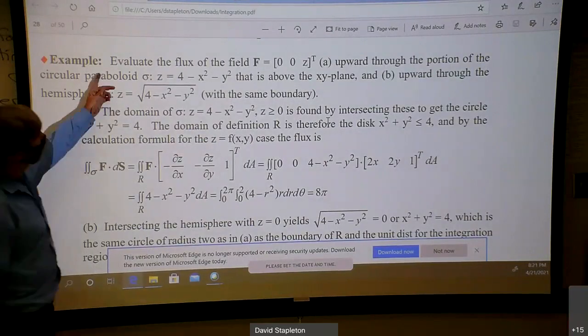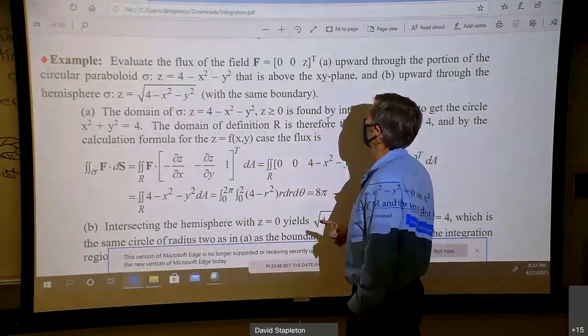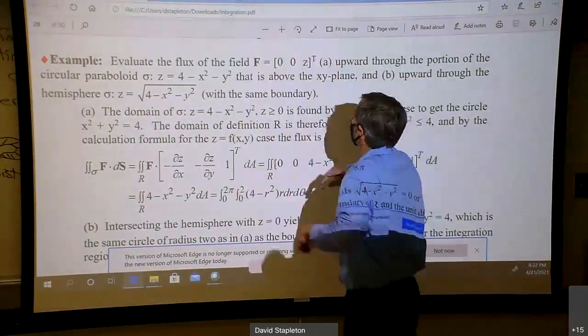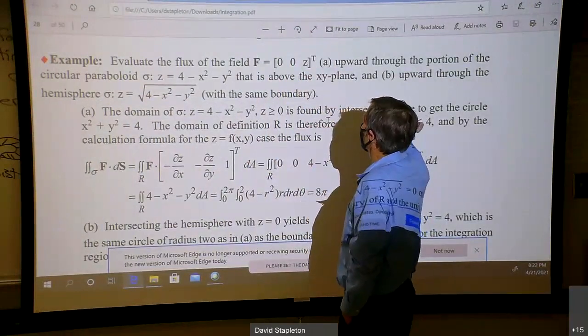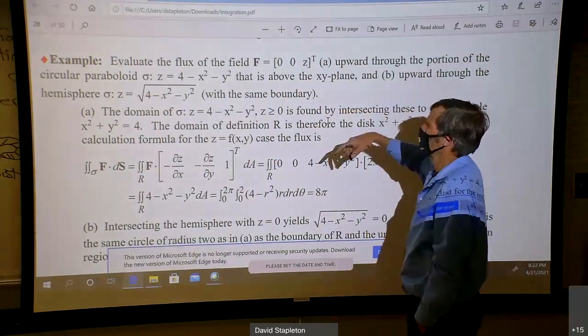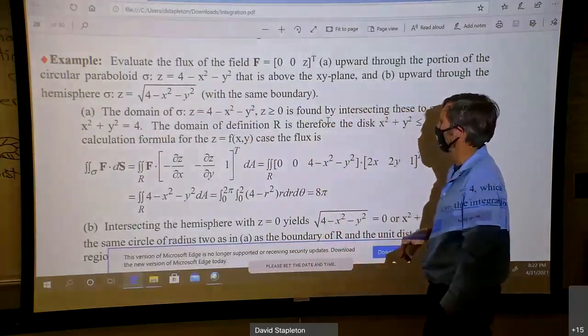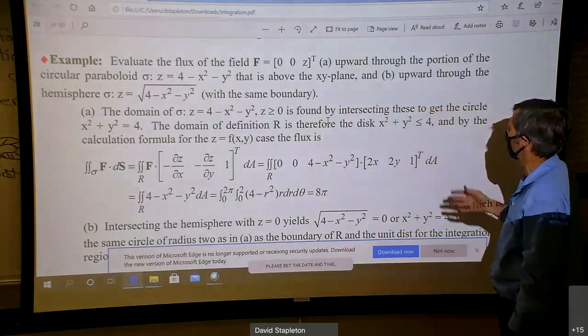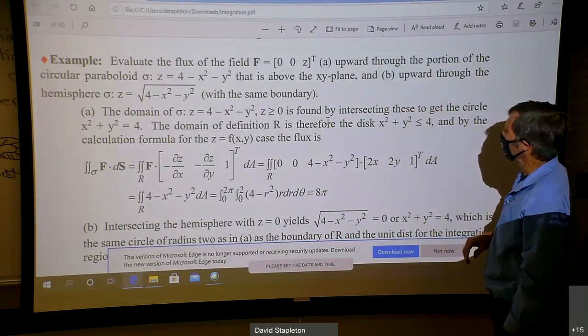So let's look at this one. Suppose I want to evaluate the flux of the vector field F that just points straight up, (0, 0, z). So it's fluid pushing straight up, equal to the value of z above the xy plane. And suppose we push it through the circular paraboloid, z equals 4 minus x squared minus y squared, over the xy plane.